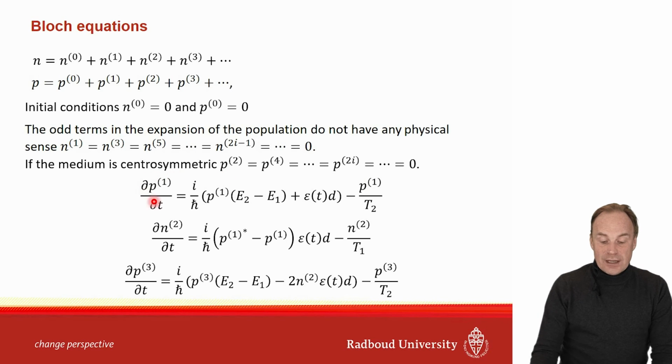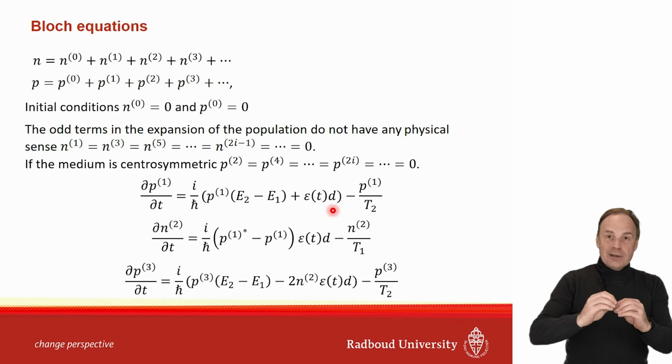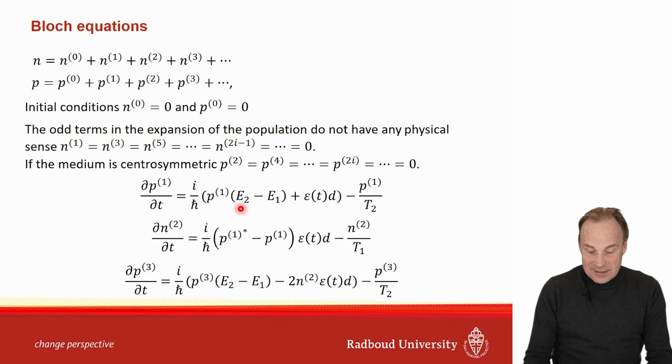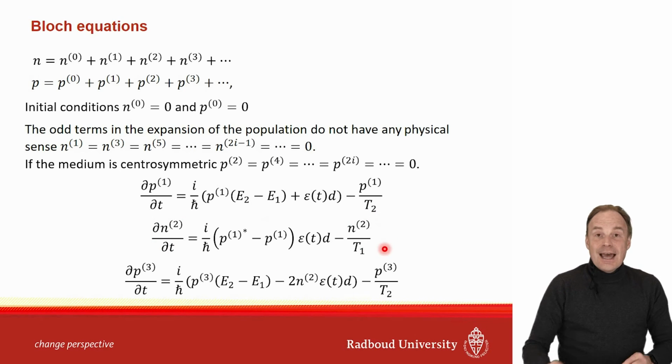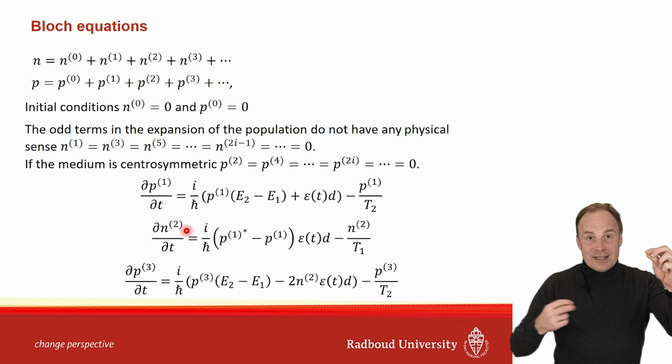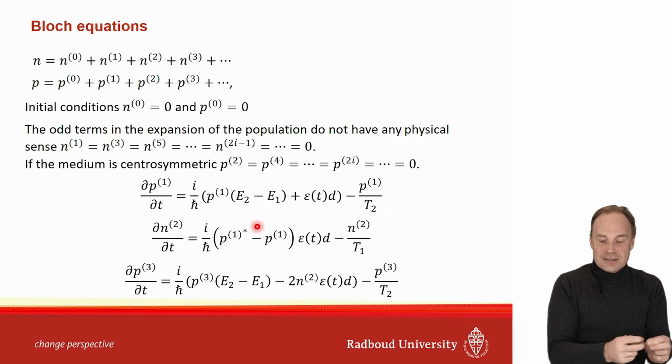So basically, we calculate the linear optical response. Then we calculate the population of the excited state, and the population of the excited state is given by the interaction of the electric field of light and the polarization which this electric field induced in the ensemble of two-level systems.